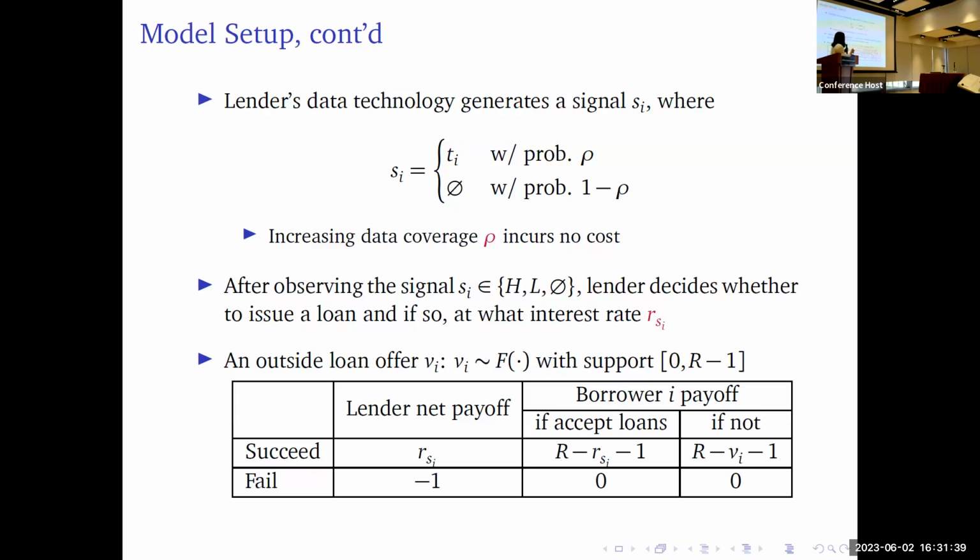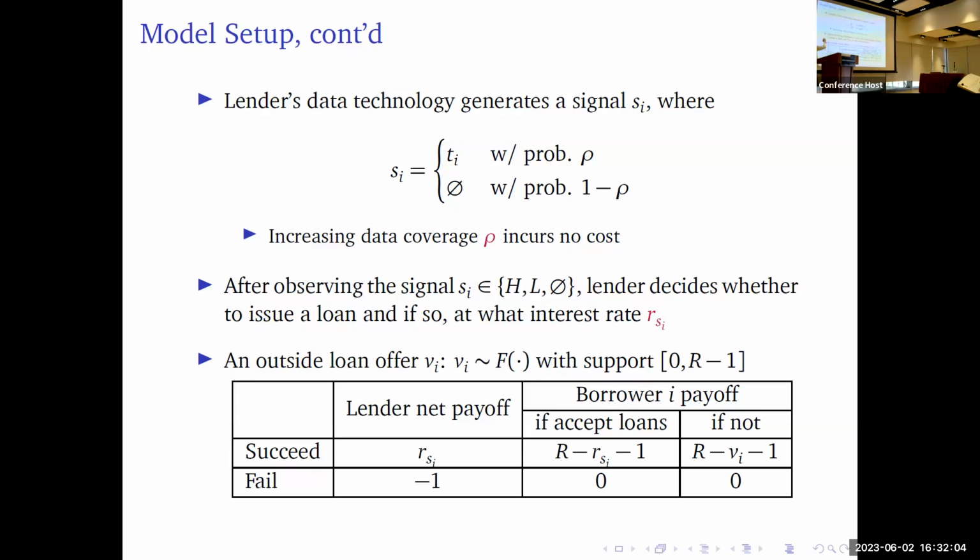The key result is that even if increasing rho incurs no cost, the lender will not choose rho to be one. If rho equals 1, that is the most advanced data technology, but the lender will not do that. That's what we will show in this slide.